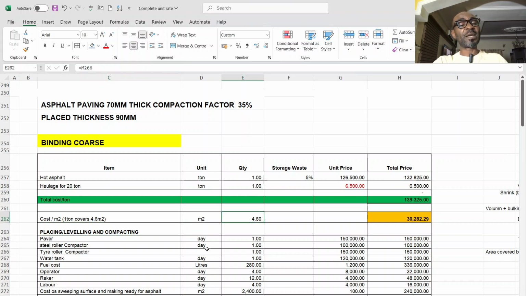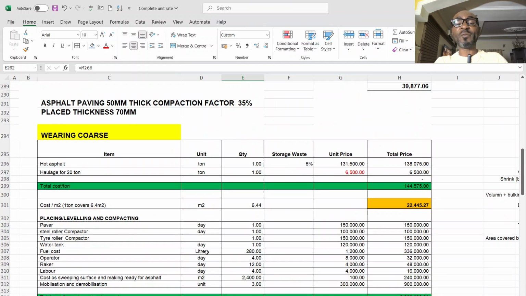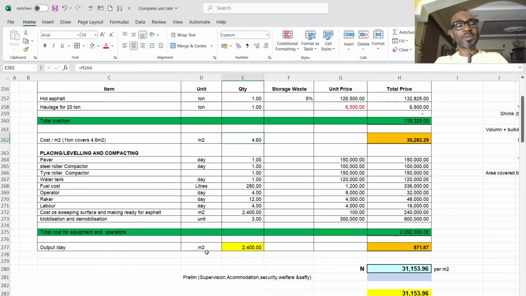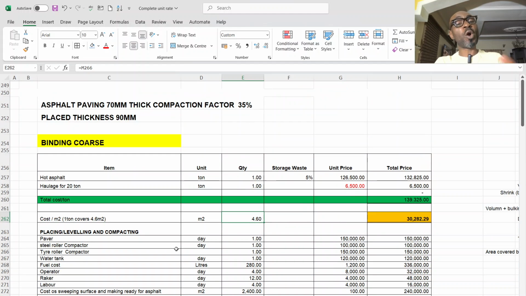The asphalt for the binding course is slightly lower in cost than the wearing course. Another thing that differs again is the coverage of laying for a 70 mm and for a 50 mm. There is a slight difference in terms of the coverage.